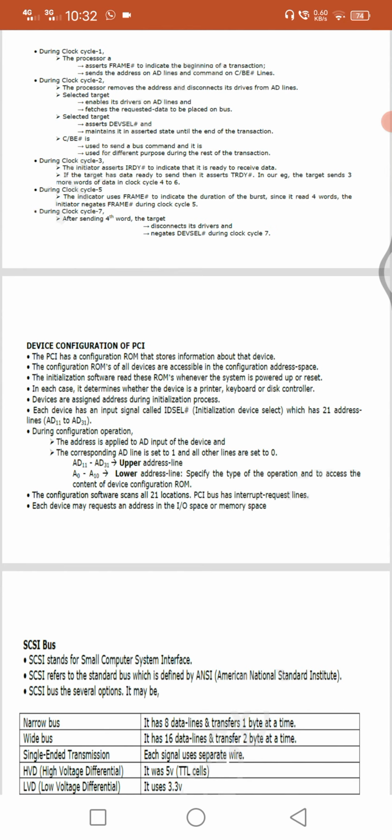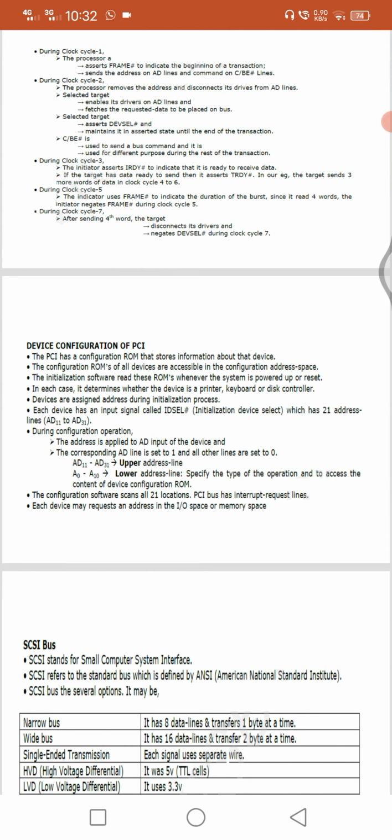During configuration operation, the address is applied to the AD input of the device and the corresponding AD line is set to 1 and all others are set to 0. This specifies the type of operation and accesses the content of the device configuration ROM. So the configuration software scans all 21 locations.